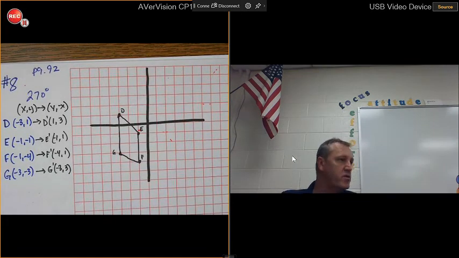There's my 4 new coordinates after applying the rule. I'll use a different color and graph these.